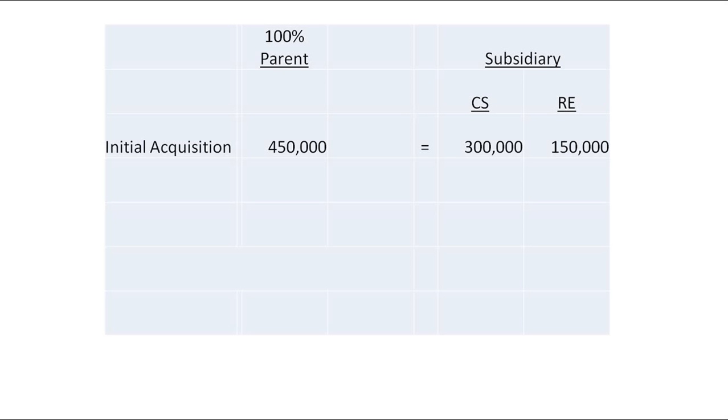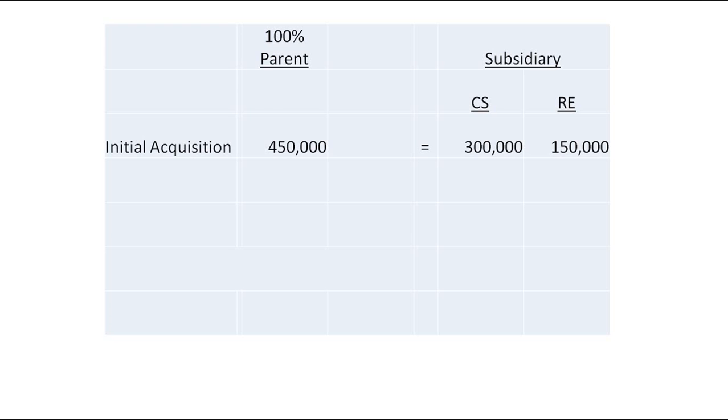Here's what we have now. We know that assets minus liabilities equals equity, or net assets equal equity. So for $450,000, we purchased the equity of the subsidiary. The common stock was $300, retained earnings was $150, and that gives us our total investment of $450.